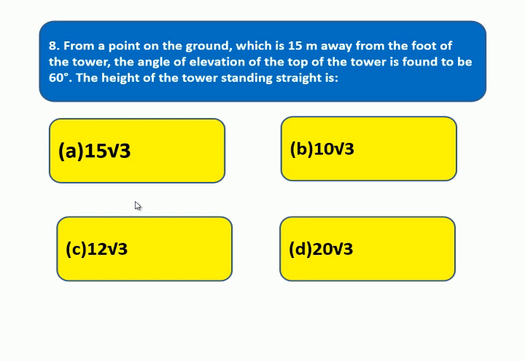First of all, draw the diagram of the situation, then calculate the height of the tower, compare with the options A, B, C, D and find the correct one. Okay, now next, question number 9.